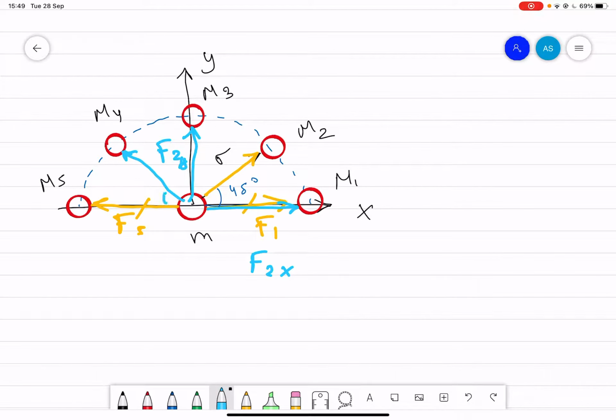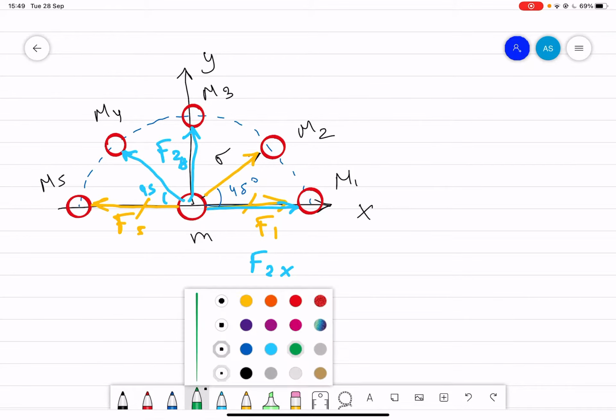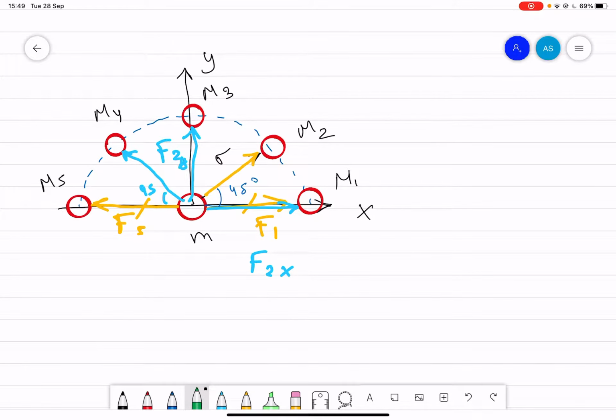Again, it's 45 degrees, so F4 will have two components, the F4y component and then the F4x component, right?